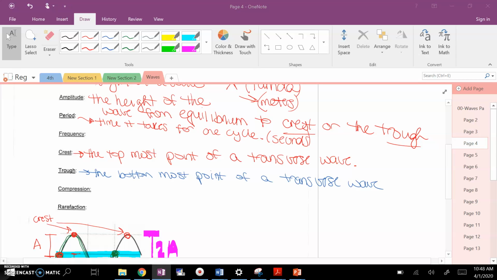I was on this period, which is capital T, which is measured in seconds. Again, it's the time it takes for one cycle. Frequency is the number of waves per 1 second.